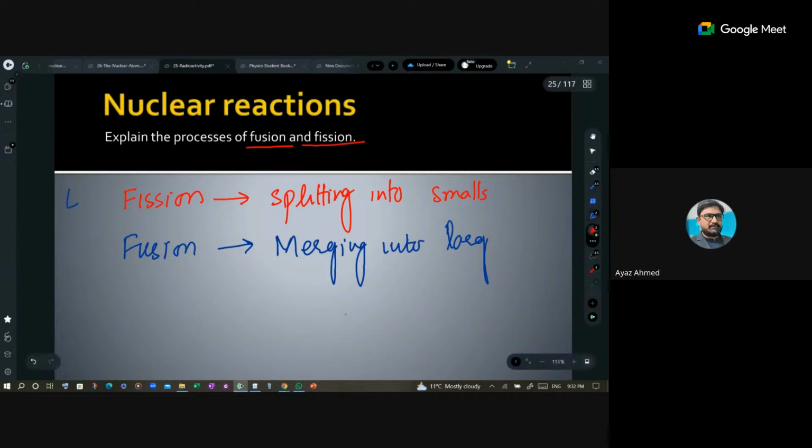For large or heavy nuclei, fission takes place, and for small nuclei, fusion takes place.